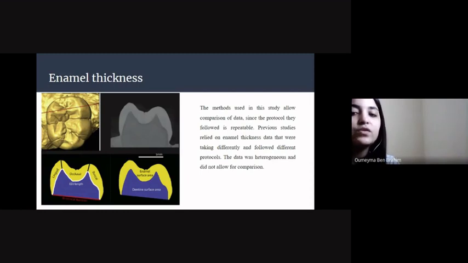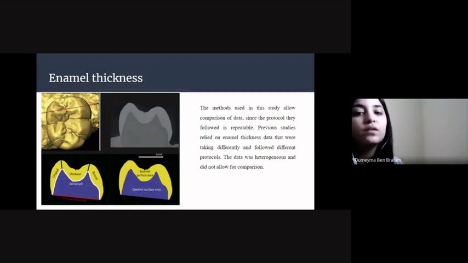The location of the measures also varied in different studies, which resulted in a poor assessment of enamel thickness variation for mandibular molars in Pleistocene hominins. In this study, the authors tried to control the variables and create a homogeneous set of data using microtomography and controlled mesial plans of section in mandibular molars.